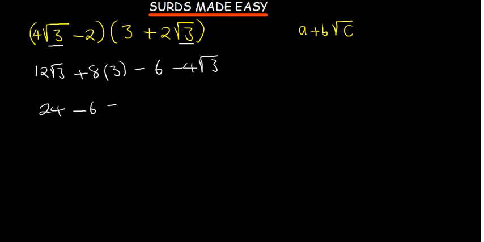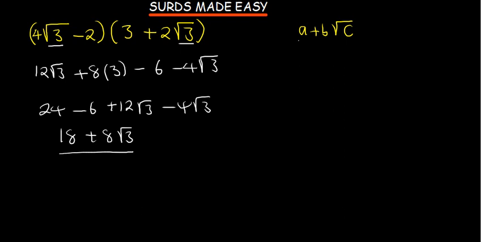And then we're going to write the 12 square root of 3, and then write the negative 4 square root of 3. So 24 minus 6 is an 18, and then 12 minus 4, that is an 8, and then square root of 3. So we have found the answer in the form a plus b square root of c. So this is how you get to leave it. I'm hoping it is okay.